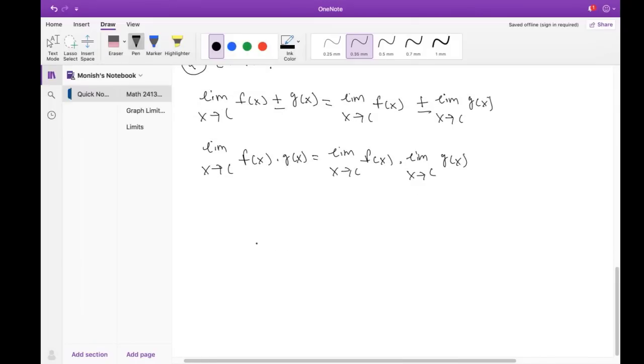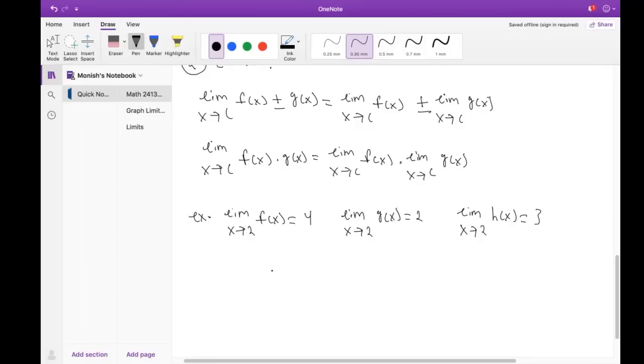So the operations are pretty simple, but a good example problem for this is if they give you a set of conditions like the limit as x approaches 2 of f of x is equal to 4, the limit as x approaches 2 of g of x is equal to 2, and the limit as x approaches 2 of h of x is equal to 3.